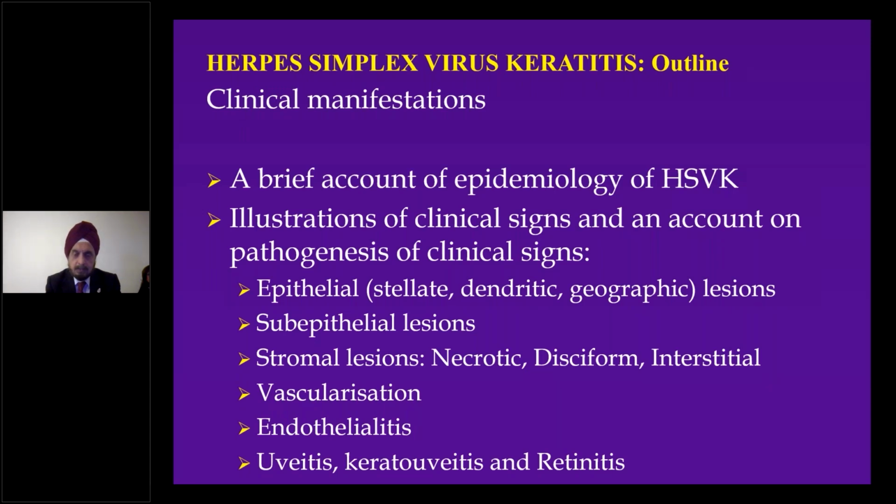I'll give you a very brief account of the epidemiology, and a whole lot of illustrations of the clinical signs, with an account of the basis behind those clinical signs: the epithelial changes, the subepithelial lesions, stromal changes, vascularization, endothelial involvement, uveitis, keratouveitis, and retinitis. This is looking behind the cornea.